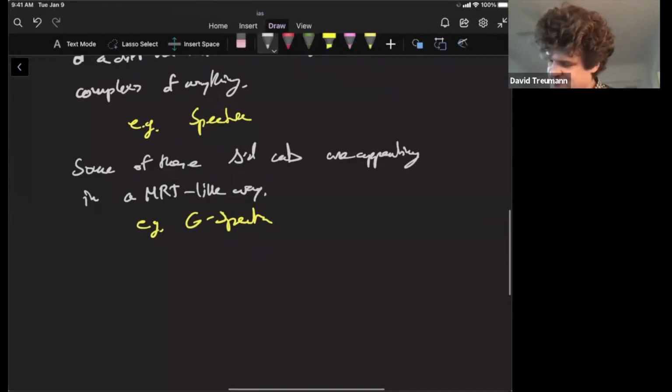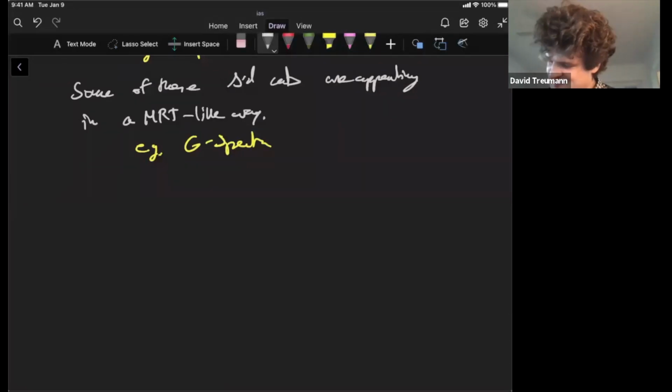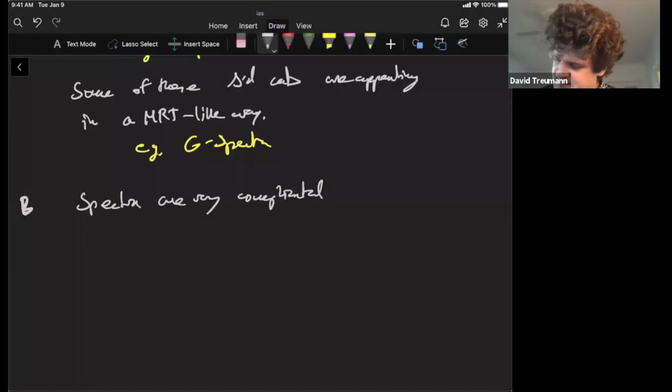Okay, but there's maybe a daunting aspect of studying representations on spectra, which is that spectra are very complicated. The category of spectra is very complicated. There's a but in front of this. So we know all the F_p vector spaces.